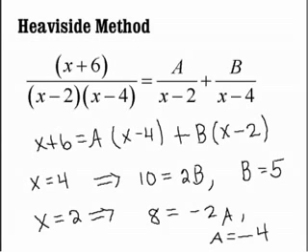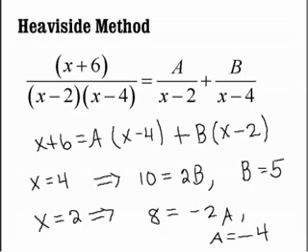Then we have x plus 6 equals a times x minus 4 plus b times x minus 2. And the Heaviside method tells us that the values of x being 4 and 2 are the very values we should use to find a and b, just as we did in a previous example.